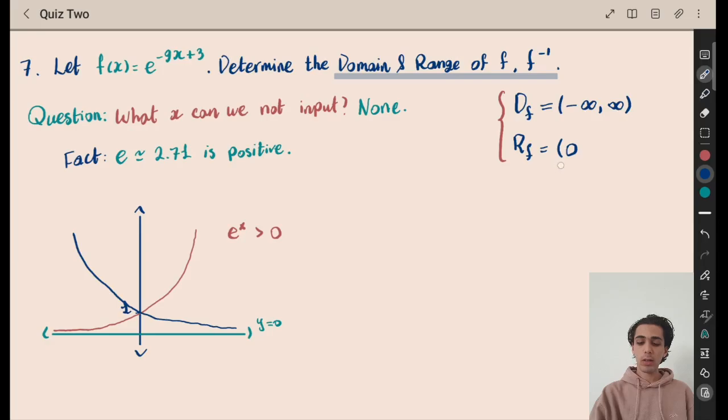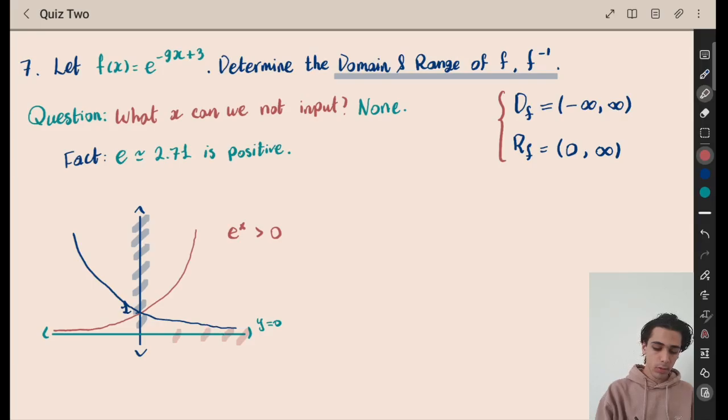It's asymptotically equal to 0, which means it always gets close to 0 but never reaches it. And it includes all the positive values. Now remember, by the range we mean the values for the y-axis. So this is the part of the y-axis that's being covered. And for the x-axis, we're actually covering all of it. So this is the x-axis, and we are able to cover all of this space. This is it.